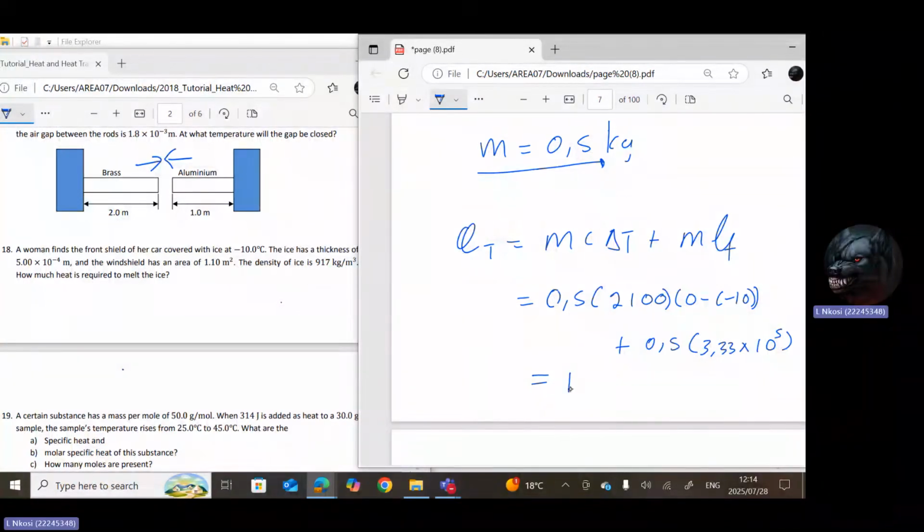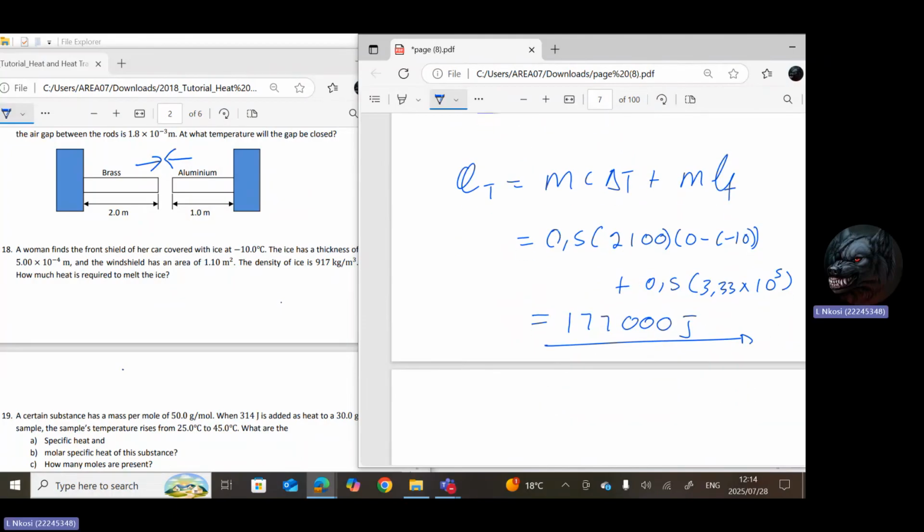So the heat would be 177,000 joules. That's the total heat required to melt the ice. You need this amount of heat because to melt the ice, you must first change its temperature and then change its phase.